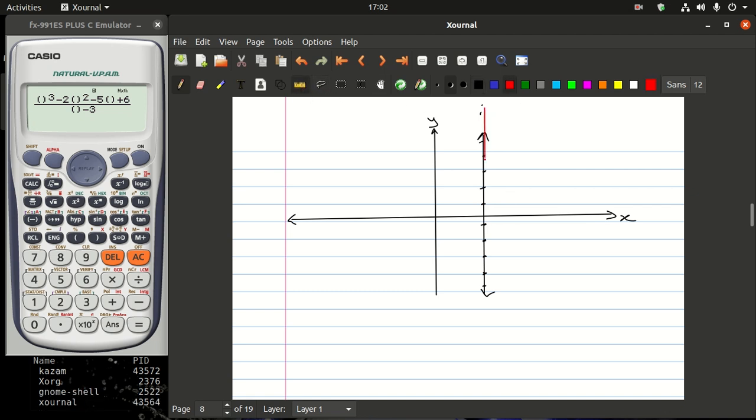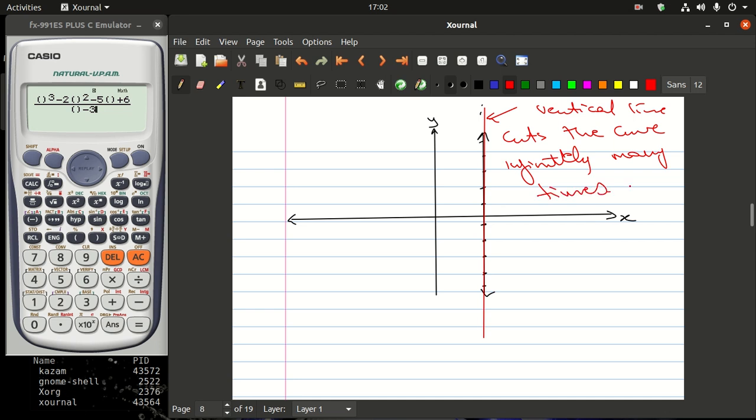So if I place, let's say, a vertical line here, I'm trying to be as precise as possible. So for this particular case, the vertical line cuts the curve infinitely many times, so not a function.